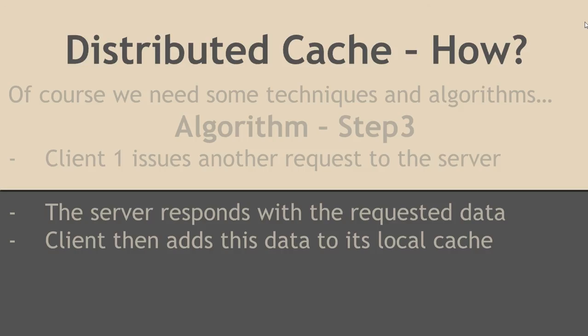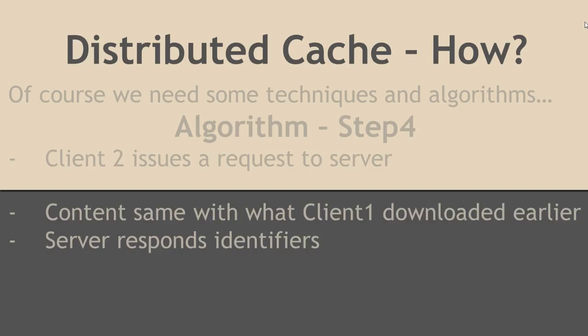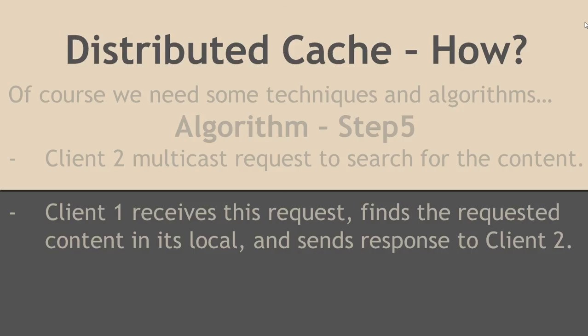2 wants to get the same data, it will first issue a request to the server as before, and the server responds with identifiers. Then client 2 will multicast its request to search for the content in the local subnet.